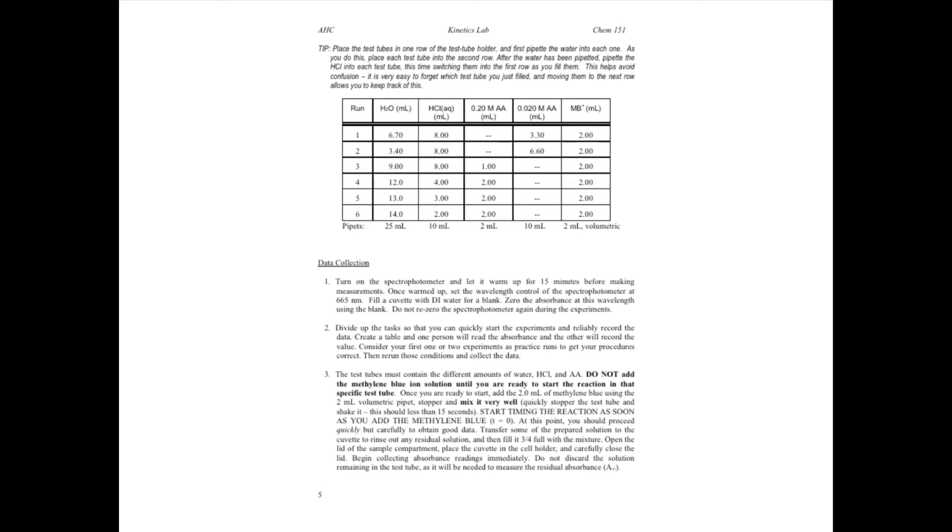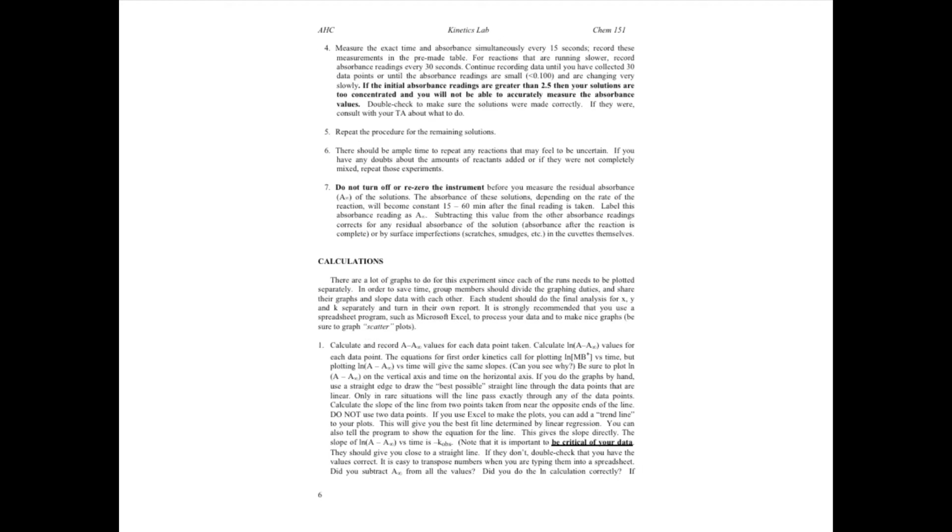The thing that I'm not adding until right before I start the reaction is the methylene blue. So I'm making everything ahead of time, mixing all of these in their test tubes ahead of time. And then right before the reaction starts, I am adding 2 milliliters of methylene blue. So what you'll be doing is writing down the absorbance value every 15 seconds.